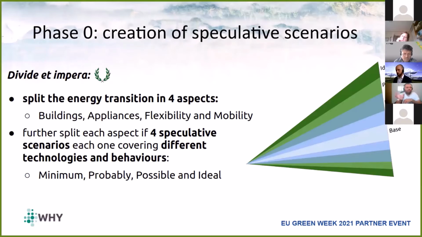Then we are going to tackle flexibility. In this case, we are talking about distributed generation, energy storage systems, and all the new business models around flexibility; aggregators and energy communities could be there, and this type of thing.